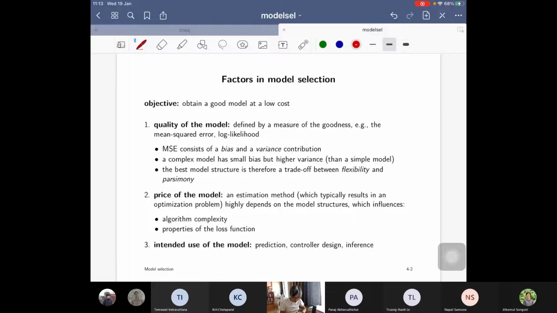For example, if you're going to use your model for prediction, everyone knows that for prediction, this is the present time and you need to predict values in the future.